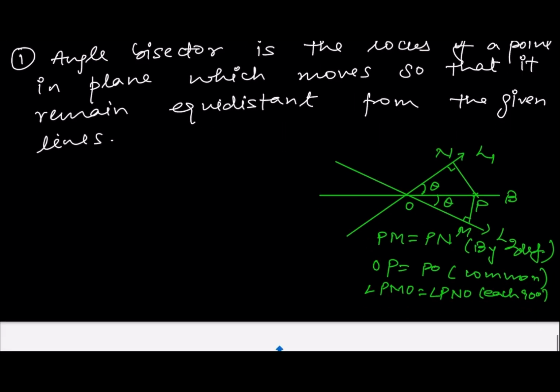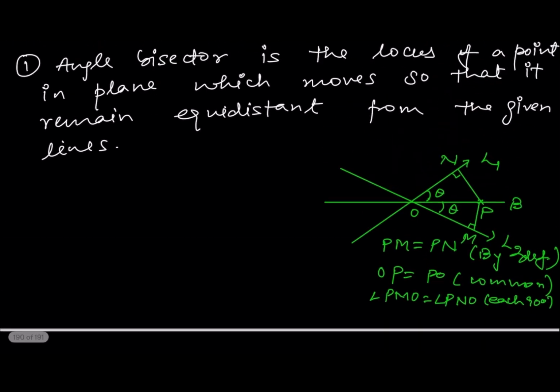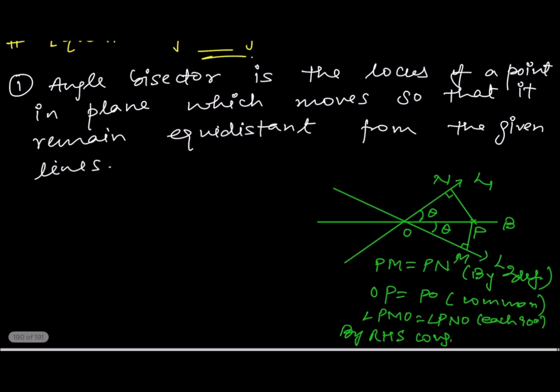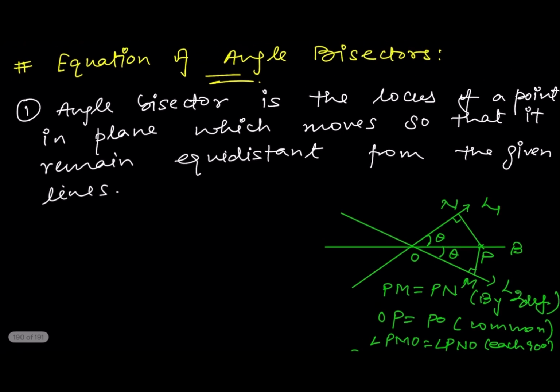So by using RHS congruency, triangle PON is congruent to triangle POM, right? So angle PON is equal to angle POM. That's why it is angle bisector. Okay.